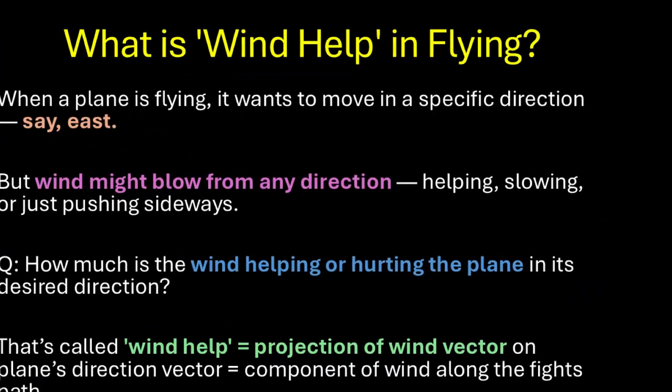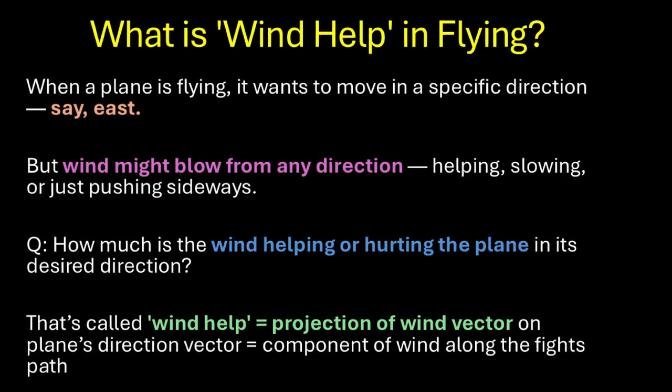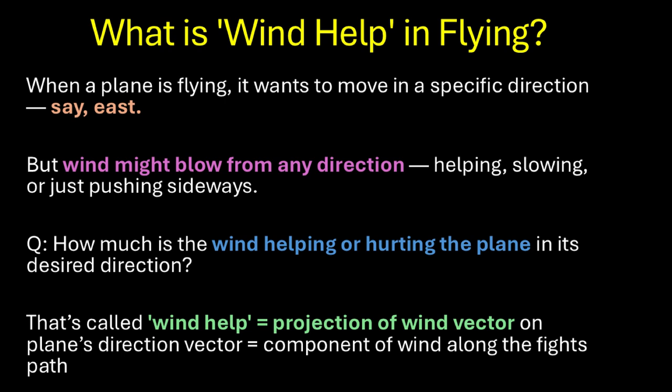So, when a plane is flying, it wants to move in a specific direction, say east. Now, east, specifically I mean along the x-axis or along plus i cap. Okay?